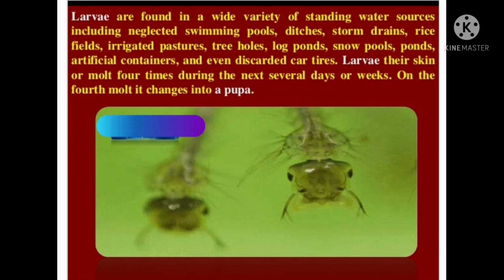Larvae are found in a wide variety of standing water sources, including neglected swimming pools, ditches, storm drains, rice fields, irrigated pastures, tree holes, log ponds, snow pools, ponds, artificial containers, and even discarded car tires.